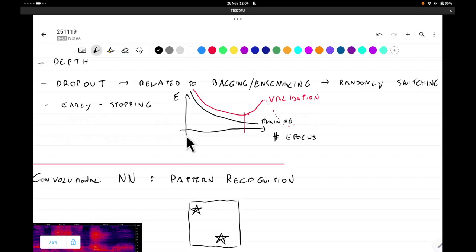So it is useful to monitor this learning curve. Actually, this plot here, just to stay with the nomenclature, is called the learning curve. So if you read learning curve in literature, a referee is saying, what about the learning curve? They mean validation error as a function of number of epochs.